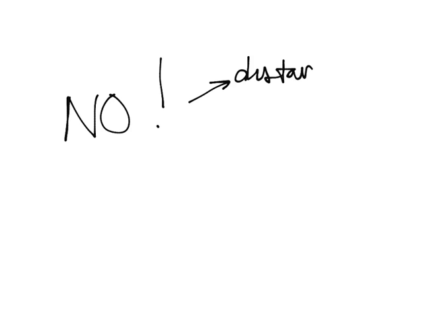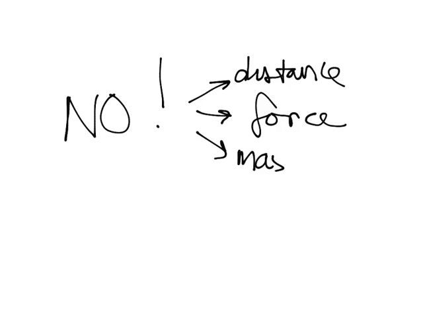The next question was, can you measure these things directly? No. There is no mu s or mu k measuring device. What you can measure is distance, force, mass, and time.